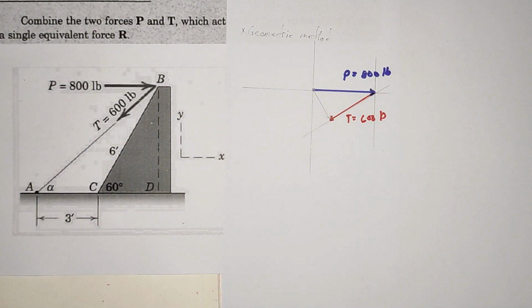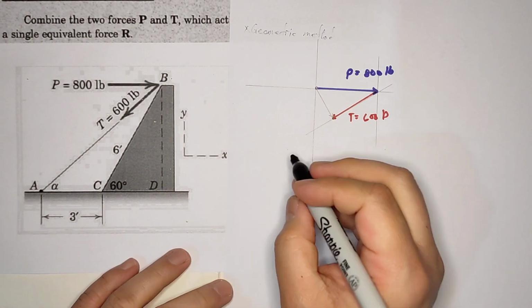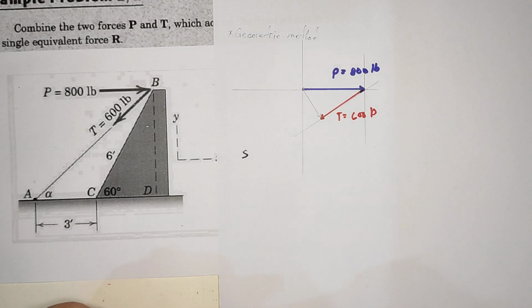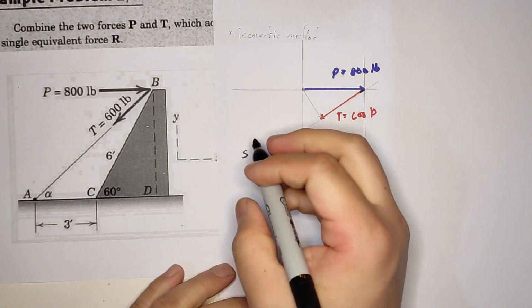We don't know if that is a right triangle, but if it is, use SOHCAHTOA. If not, it's advisable that you use the sine law.